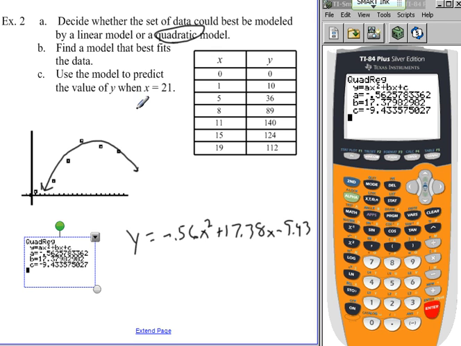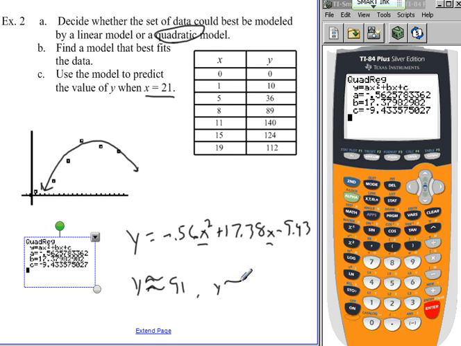Okay, so now we need to plug 21 in place of x. So I can say negative 0.56 times 21 squared plus 17.38 times 21 minus 9.43. That'll give you a y value. Now, depending on how you rounded this, you might get a y value around 91. So I should say y is about 91.